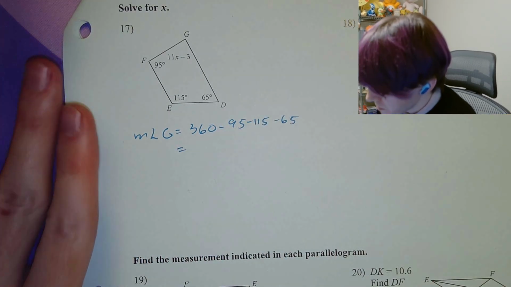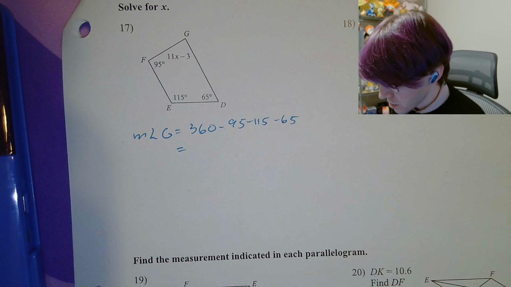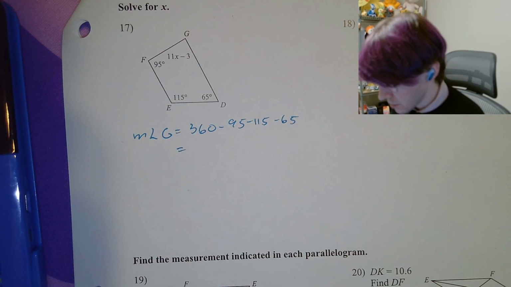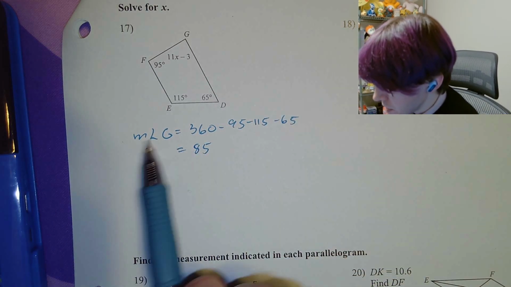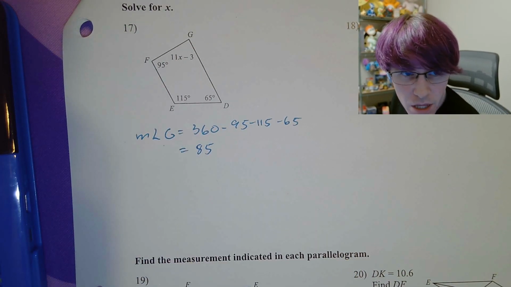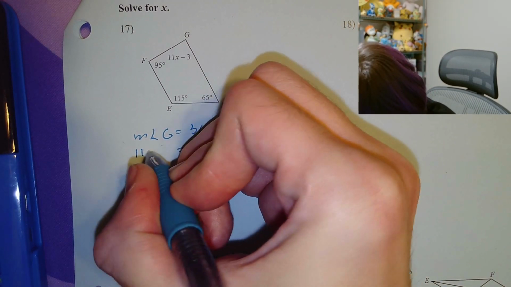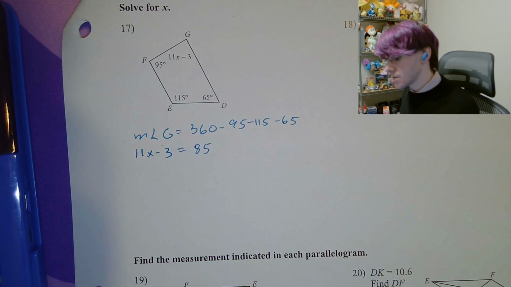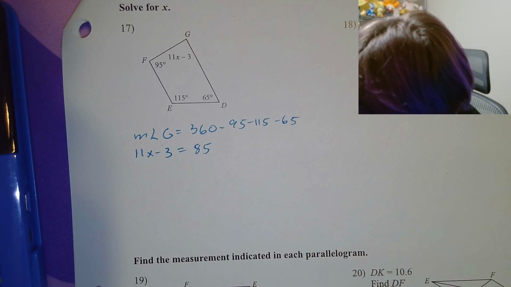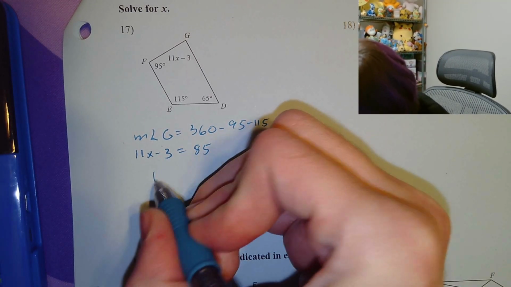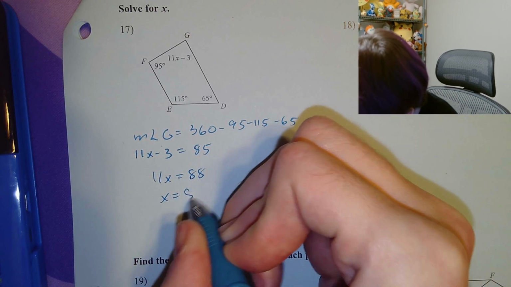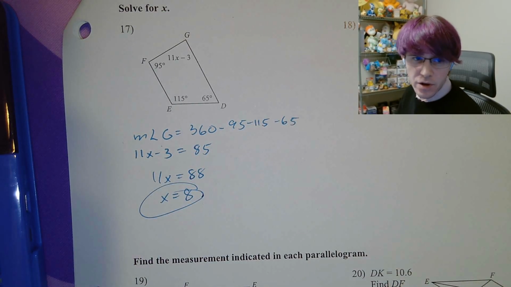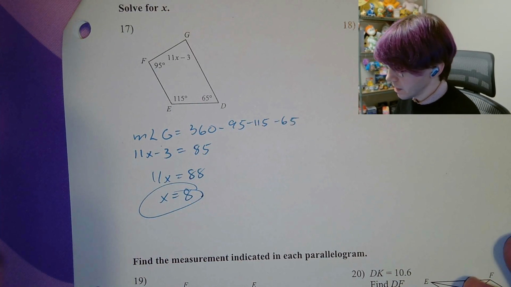And you figure out that that measure of angle G is going to be equal to, so 360 minus 95 minus 115 minus 65, and you get 85. But the measure of angle G, you're told here, is 11x minus 3. So you kind of just do it like this, where you have a slightly less, I don't know, it's just a different way of approaching the question. So you have 11x is 88, divide both sides by 11, you get 8, and the question only wants you to solve for x, you don't even need to do anything else.